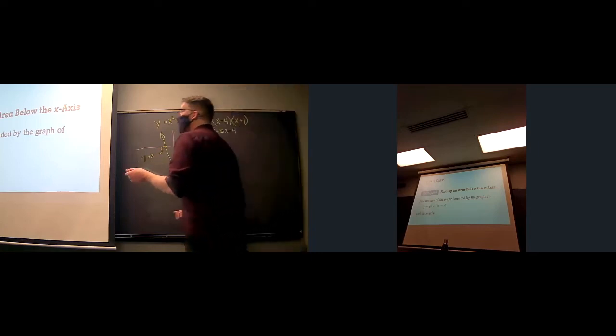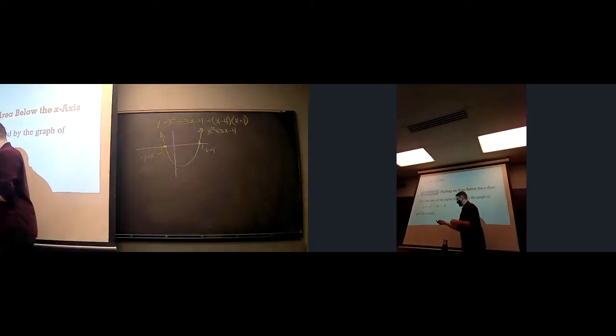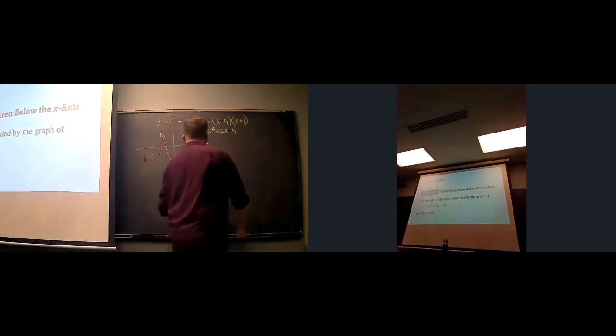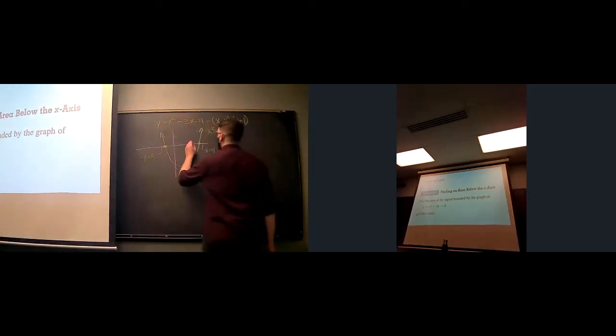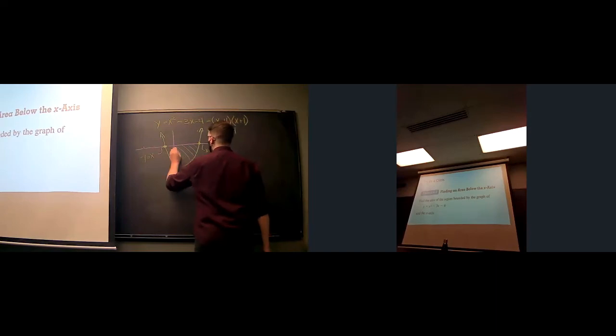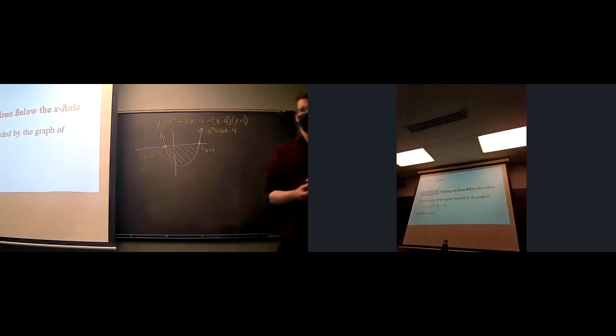Now, we want to find the area bounded by the graph and the x-axis. That's this area right here. Excuse me. Okay, so let's think about what the x-axis represents.